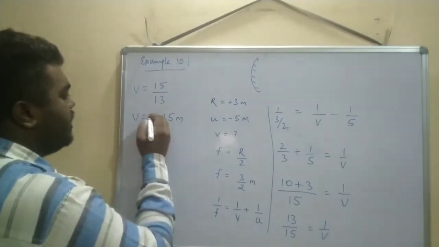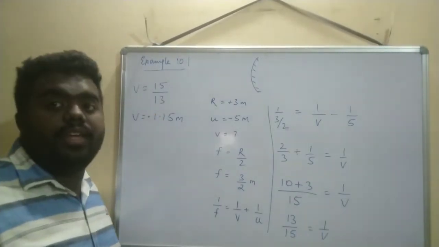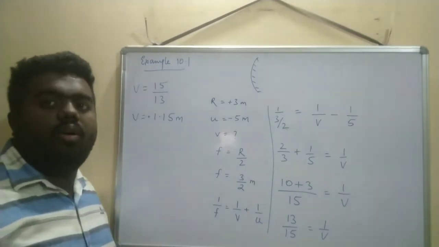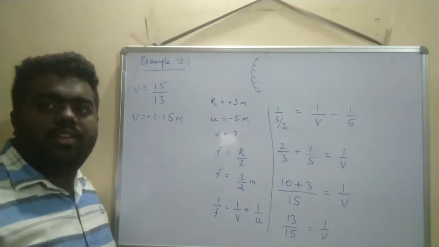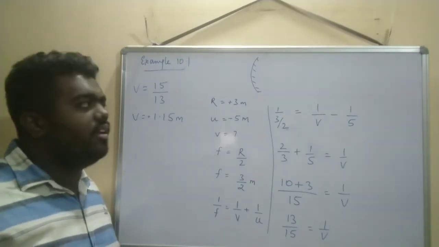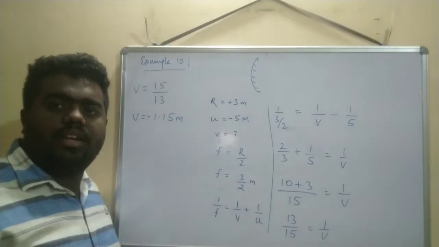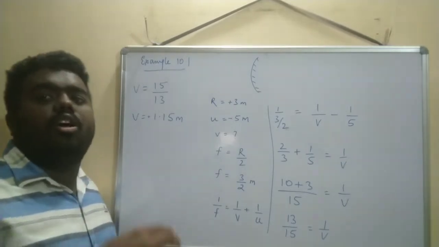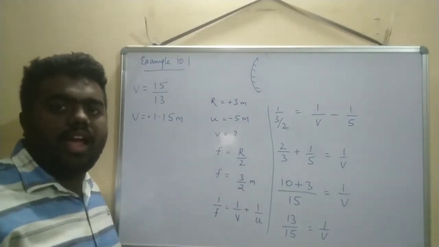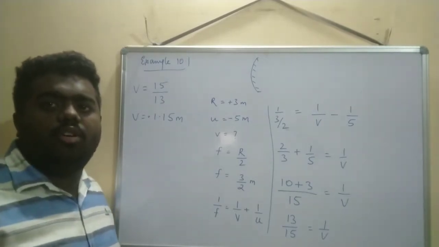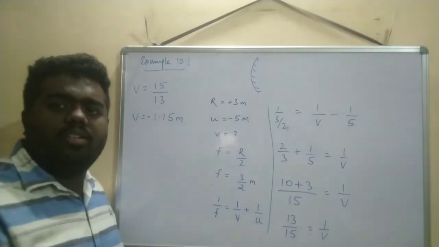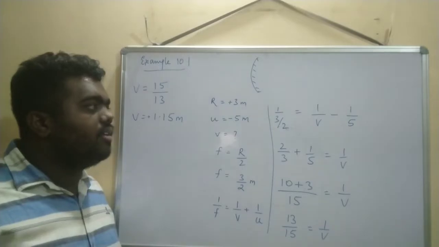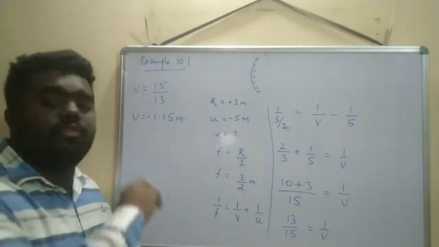This is positive. That means image is formed on the right side or behind the mirror. We have already seen the cases of convex mirror that image is always formed on the right side or behind the mirror, and whenever the image is formed on the back side of the mirror, image is always virtual and erect.